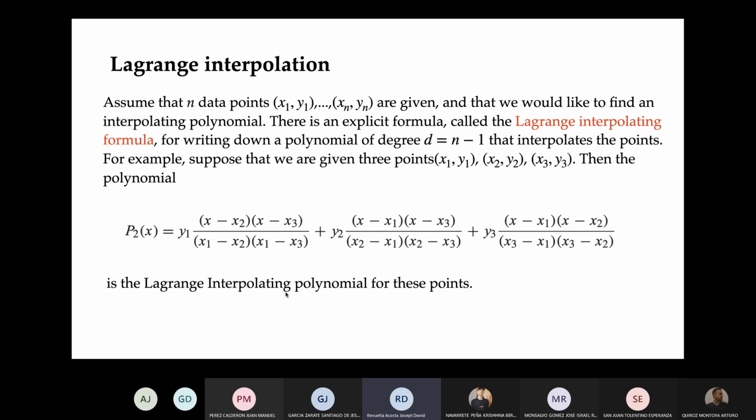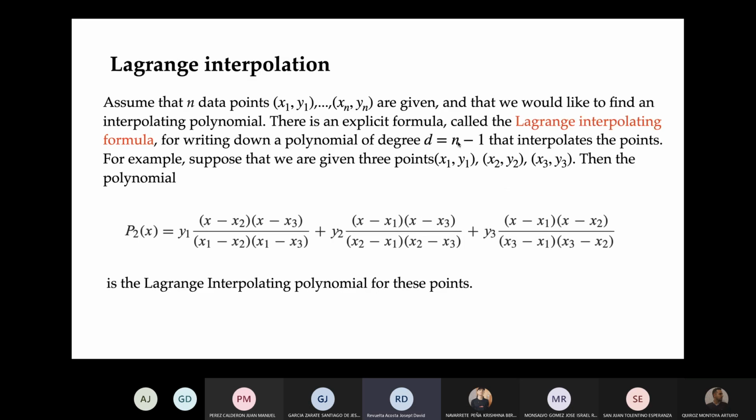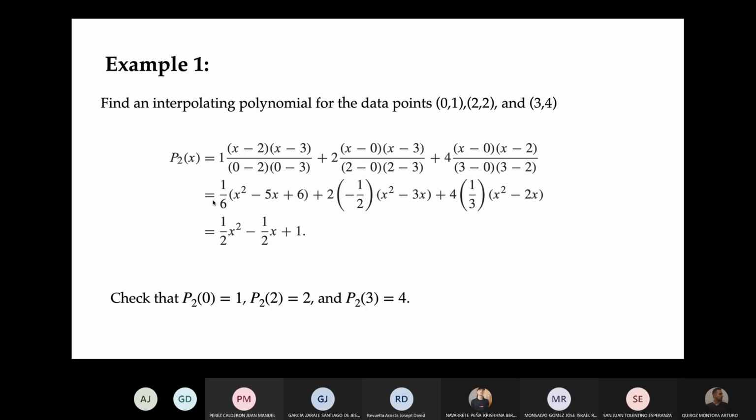So the Lagrange interpolation polynomial for these 3 points, if we want to do it manually, would be as this. Example 1 says: find the interpolating polynomial for the data points (1, 1), (2, 2), and (3, 4). We already know the formula. First, you'll see that 1 is here, 2 is here, 4 is here.